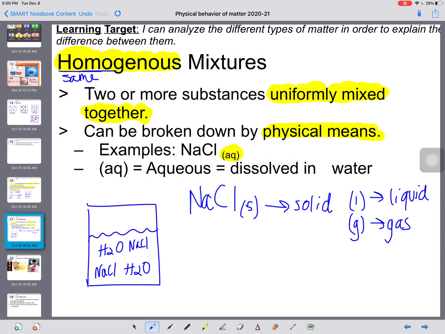So the little letters in parentheses, if they are placed next to a compound or next to a chemical formula, they tell us what state of matter it is in. Now, there are only 3 states of matter, solid, liquid, and gas, but there's also another little notation called AQ, okay? And what AQ means is that that substance is mixed with water, so dissolved or mixed in water, okay?